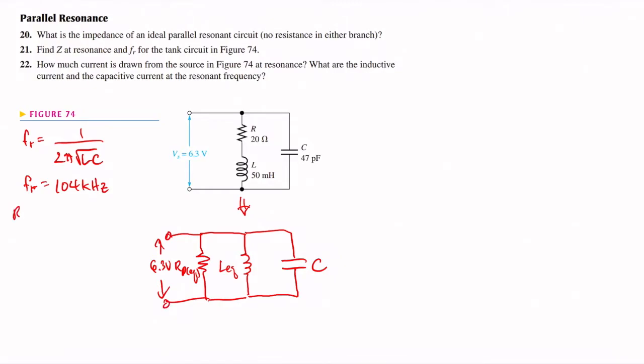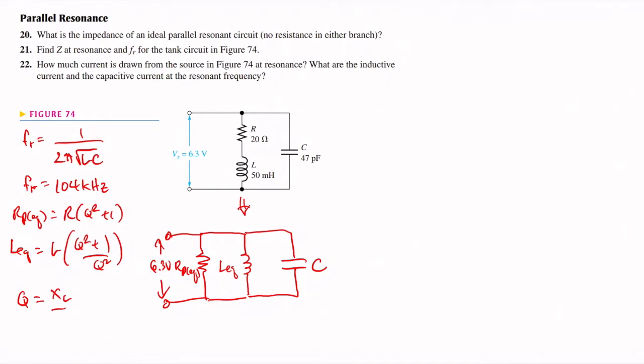We can solve for Rpeq using the equation R times Q squared plus 1 and Leq using the equation L times Q squared plus 1 over Q squared, where Q is the quality factor, which is equal to the inductive reactance divided by the winding resistance, and that is equal to 2 pi FRL divided by R.